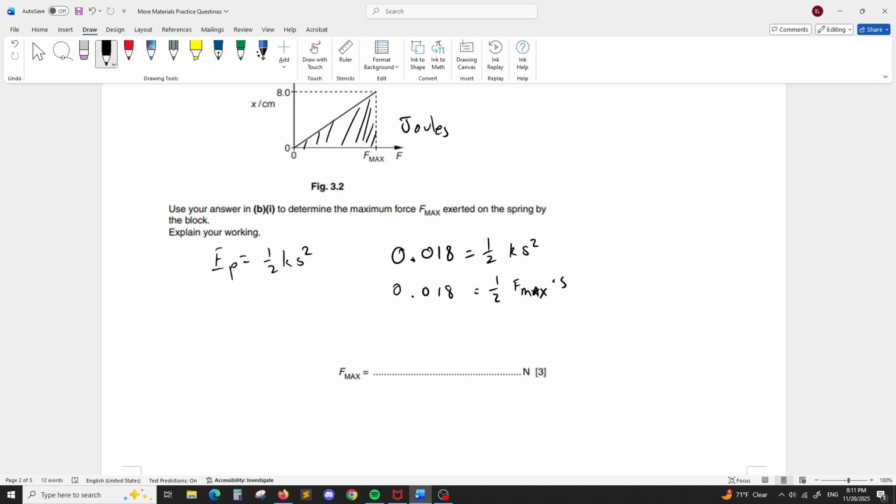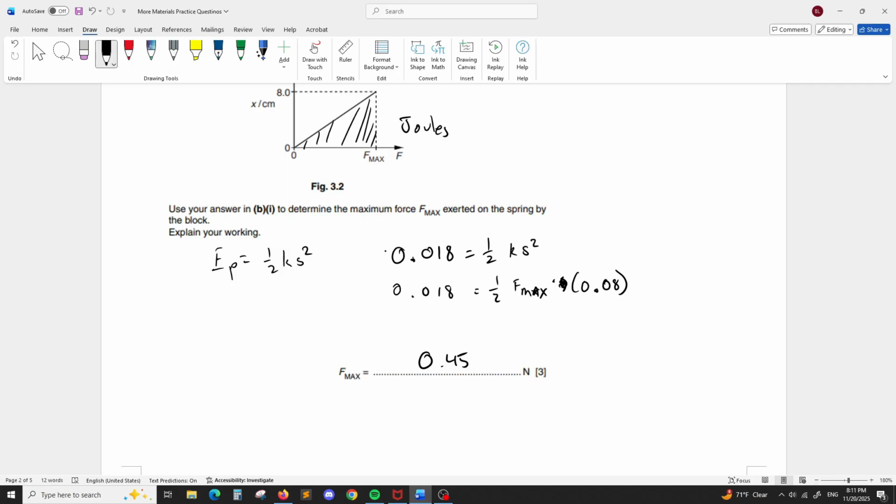And then our S in this case is 8 centimeters, which is 0.08. And do the calculation, hooray. Which is going to be 0.45 newtons.